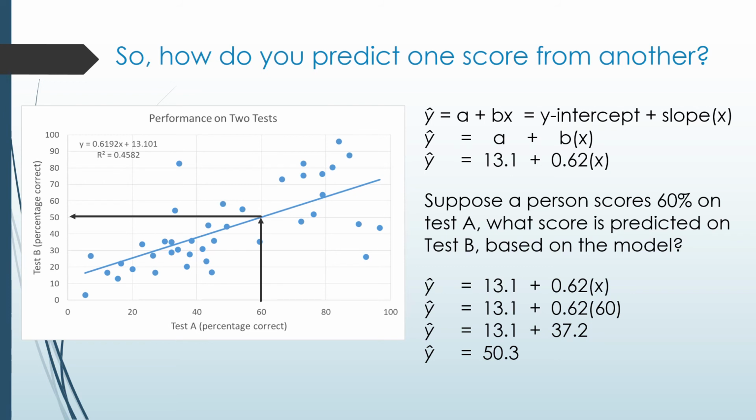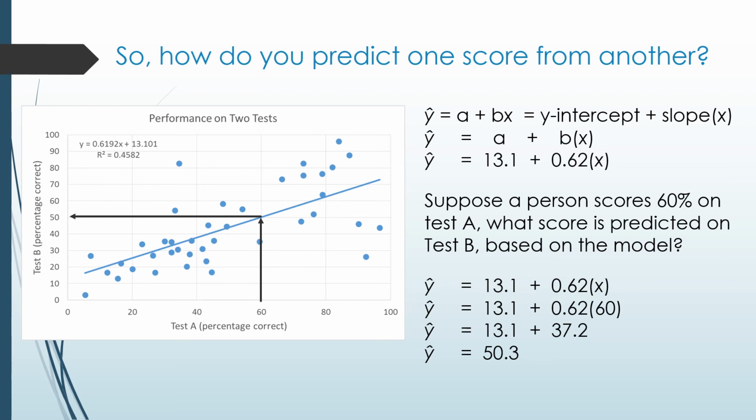So based upon this model that we've created, I would expect somebody scoring a 60 on test A would score about a 50.3 on test B, with some error, because you can see that the data are kind of scattered around the line, so there's going to be a bit of error. So we're interested in that as well, and that's going to tell us something about how good of a model we've created and how good the fit is.